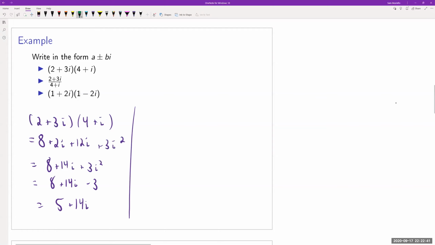Let's skip and do the third one real fast, which comes out just the same. Notice here that 1 plus 2i and 1 minus 2i, these two are conjugates. And the point of this problem is to show us what happens when we multiply conjugates together.